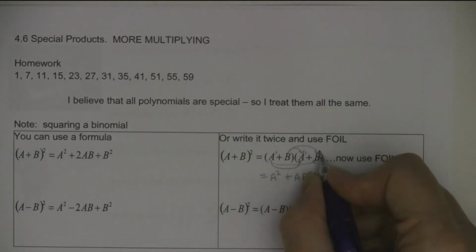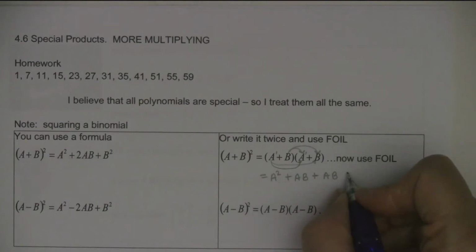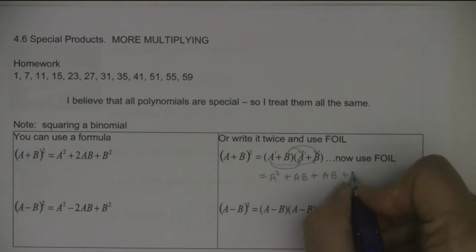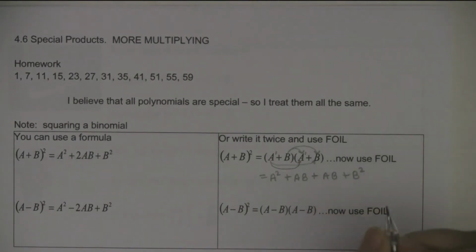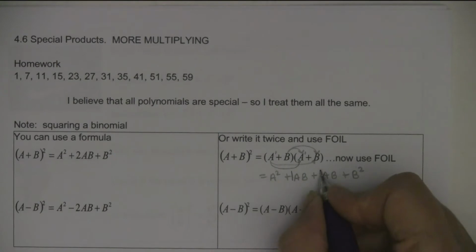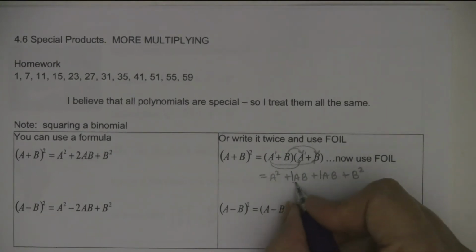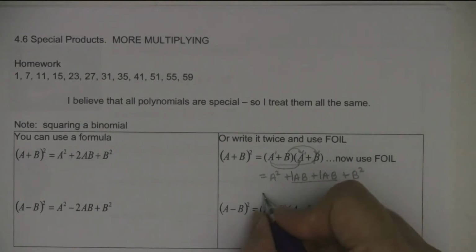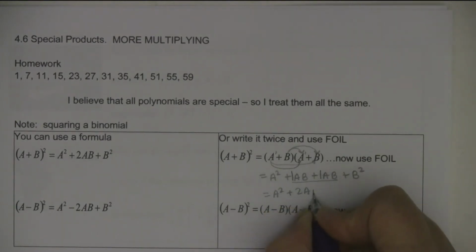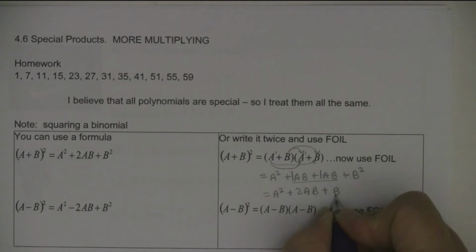And last but not least, in our FOIL, B times B, B to the first times B to the first is B to the second. Add the exponents. Then you want to combine like terms, and this is 1AB plus 1AB, which is 2AB. A squared plus 2AB plus B squared.